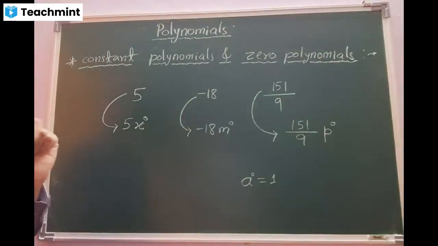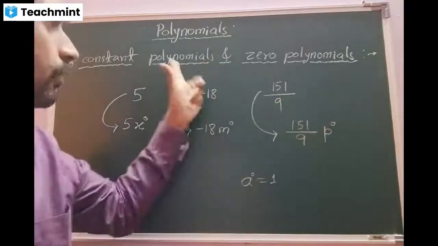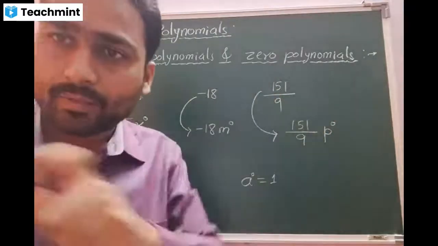This is about the constant polynomial. Beta, make a para. I will dictate a line.